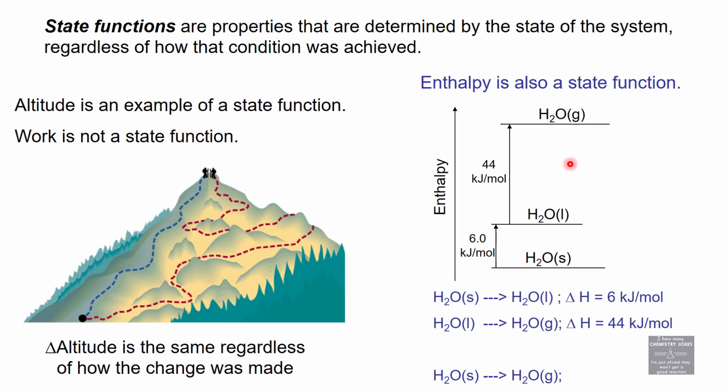When you're going from solid to a gas, the total enthalpy input will be 50 kilojoules per mole, because it takes 44 to go from liquid to gas and 6 to go from solid to liquid. So 50 is what's required to get it from solid to gas. That's a state function. It doesn't matter how many other steps or part steps you went through in the process, you end up at the same place.